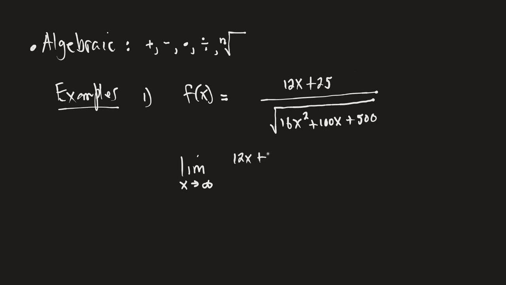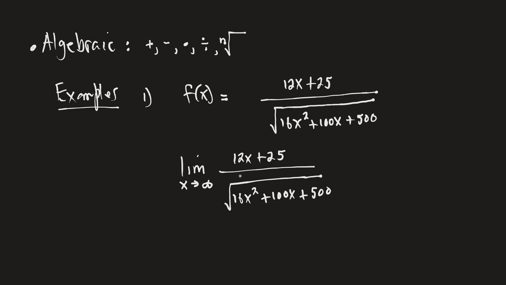Now, there are several approaches that you could take with a function like this. I will illustrate two of those methods just for the first example here, and then for subsequent examples of this type, we'll just use one of the two.